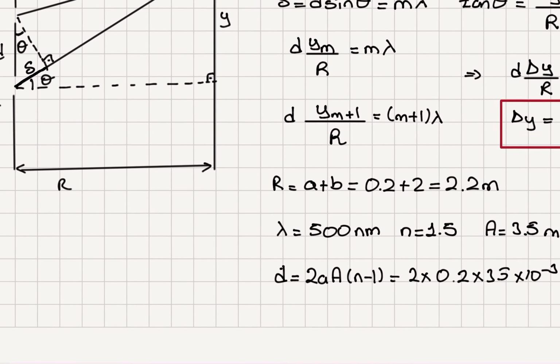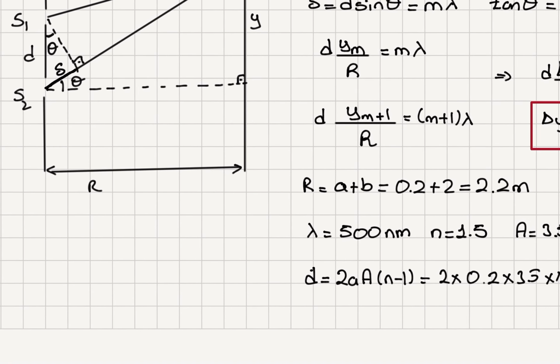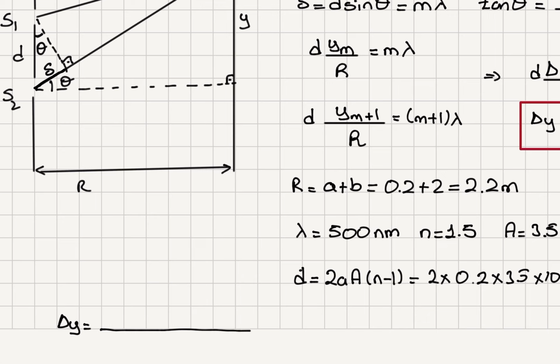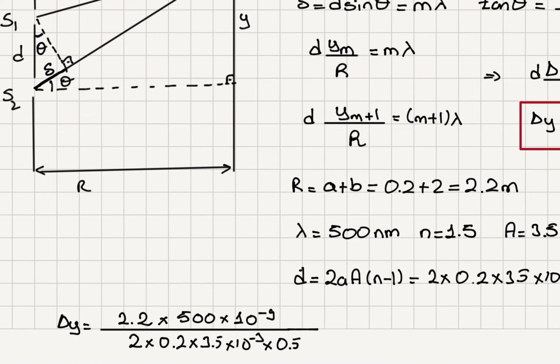And I can calculate now delta Y, capital R, which is 2.2, times lambda 500 nanometers, 5 times 10 to the minus 7 meters, divided by D, which is 2 times 0.2 times 3.5 times 10 to the minus 3 times (1.5 minus 1).